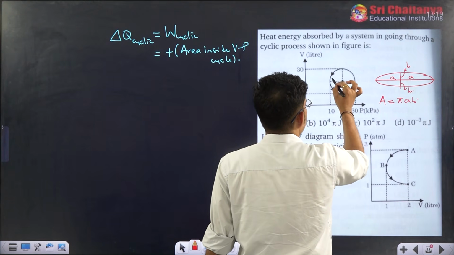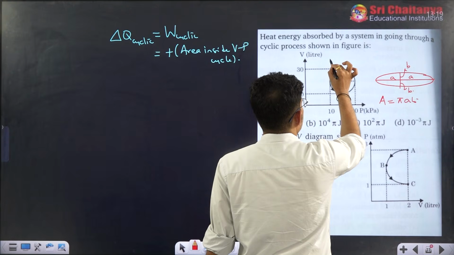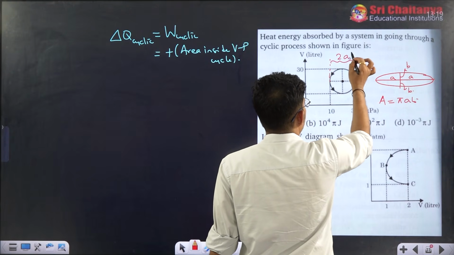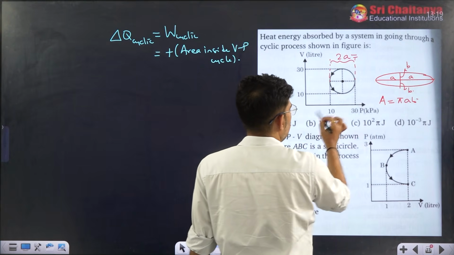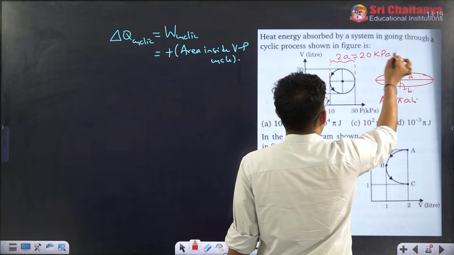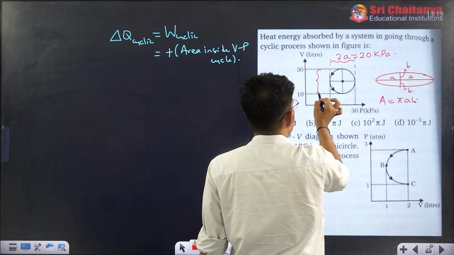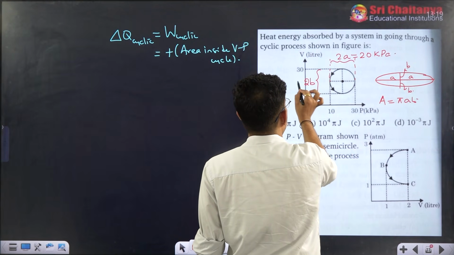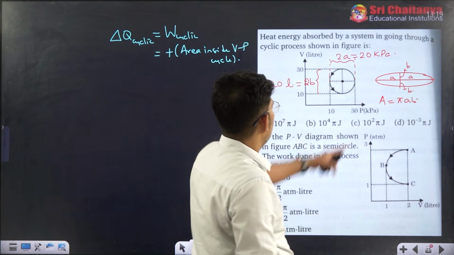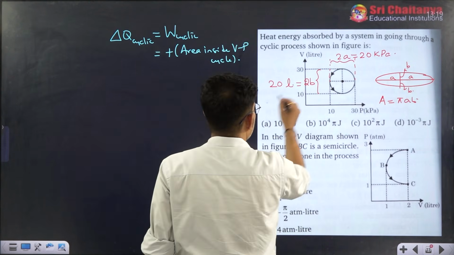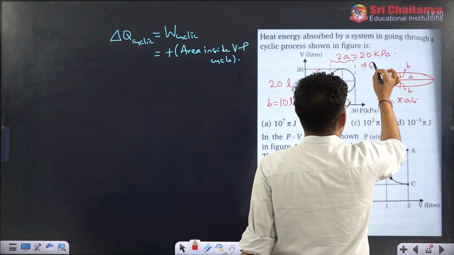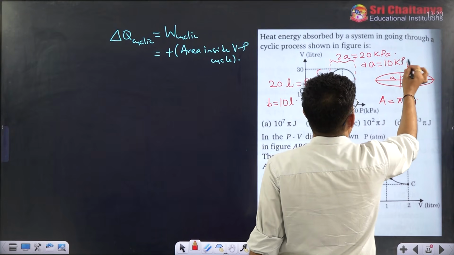So here basically this is 2A, which is 30 minus 10, 20 kilopascal, and this is 2B, which is 30 minus 10, 20 liters. So from here we get B equals 10 liter and A is 10 kilopascal.